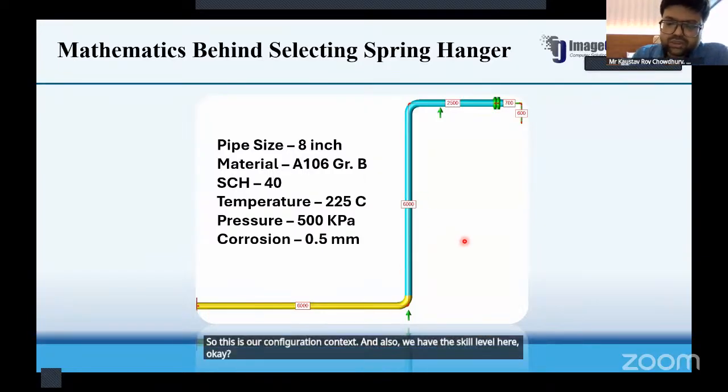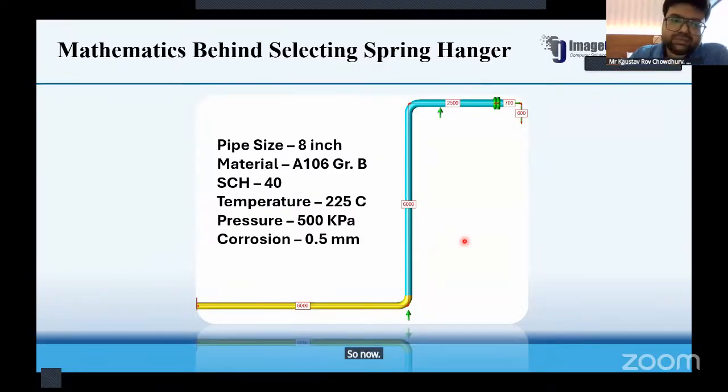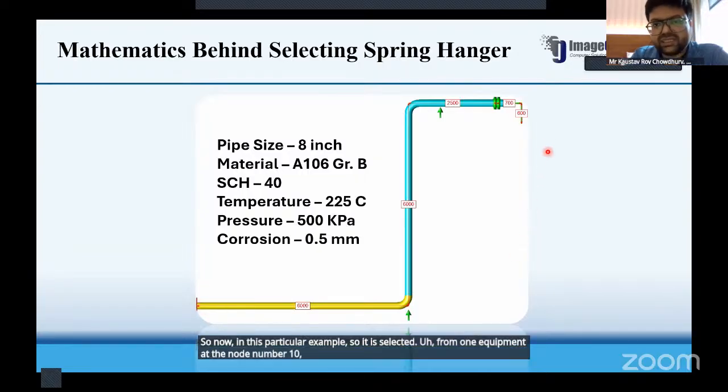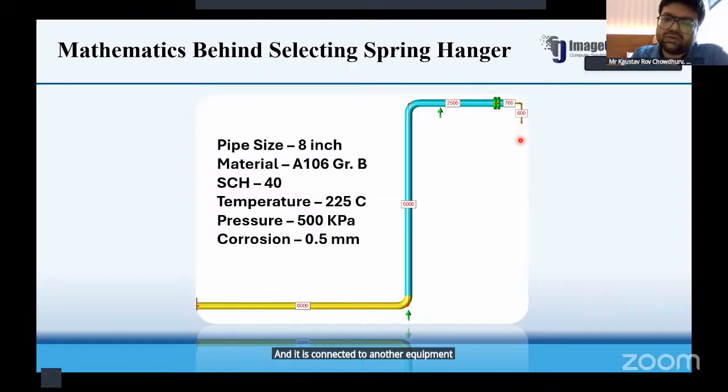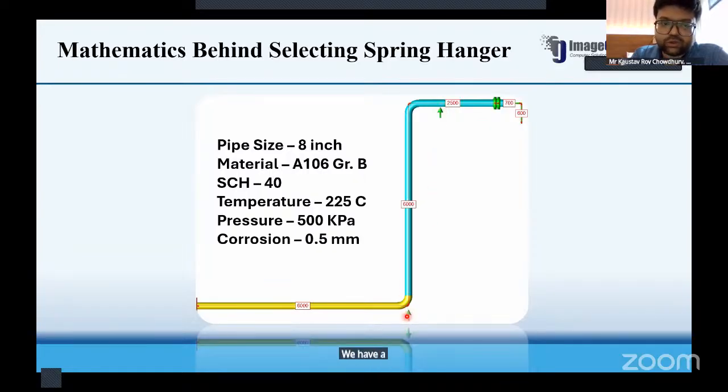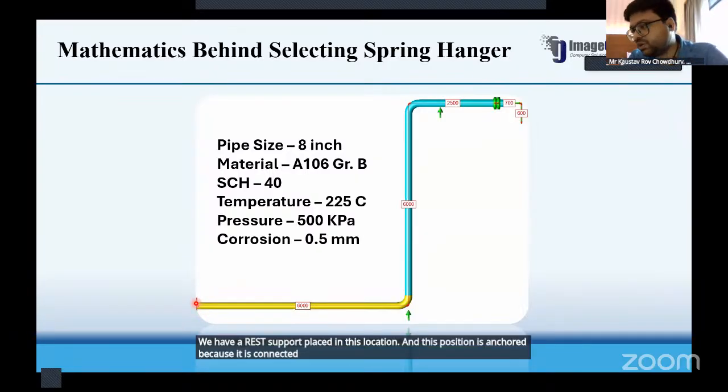It is connected from one equipment at node number 10, basically a vessel, and connected to another equipment, let's say one of our exchangers. We have a rest support placed in this location, and this position is anchored because it is connected to the equipment nozzle.